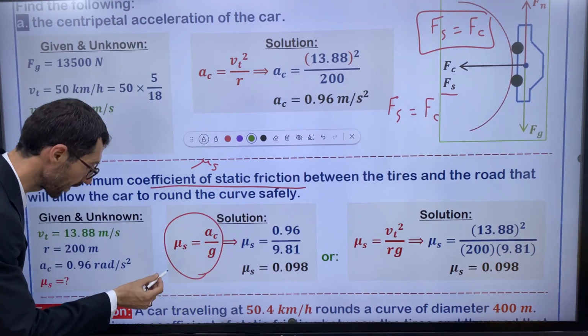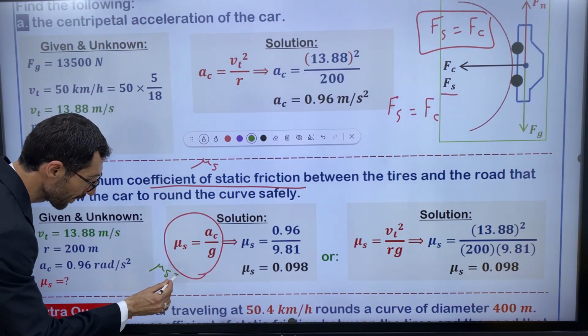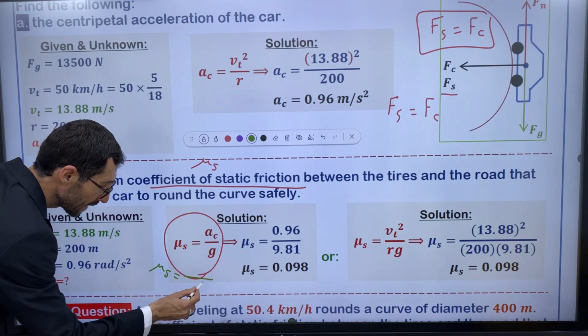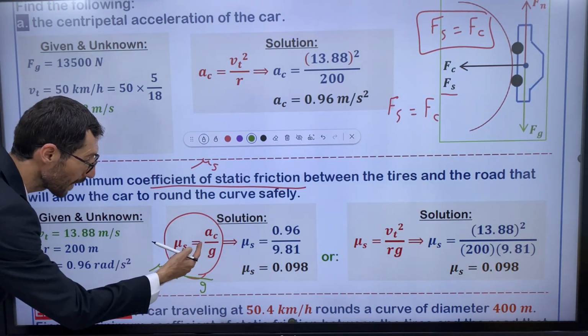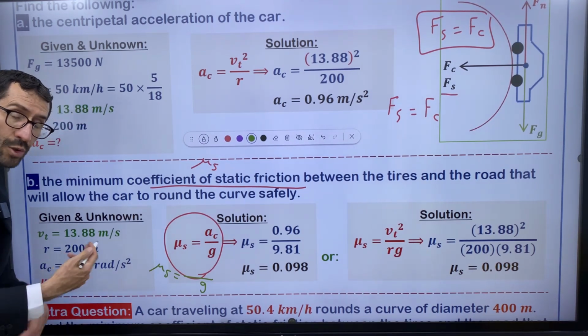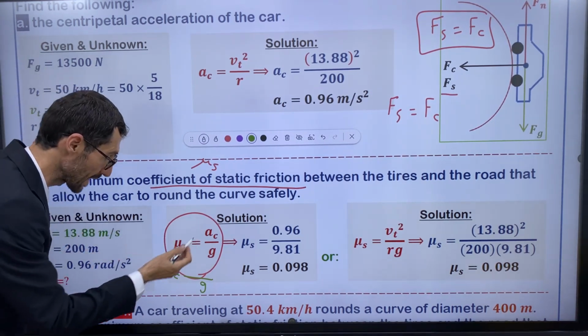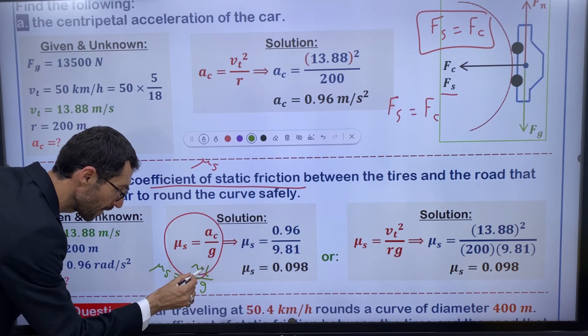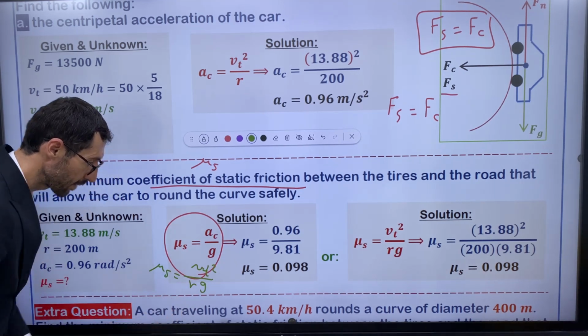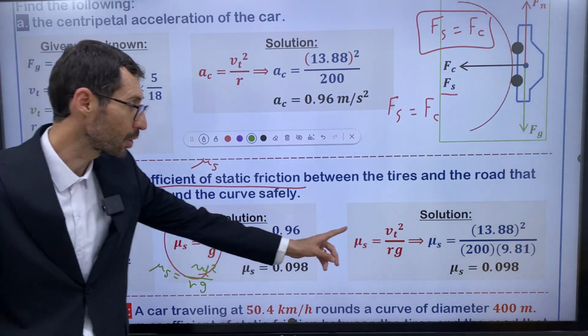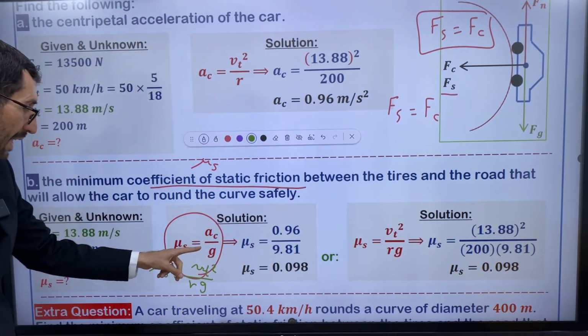Let me do it for you here. Mu s is equal to, so denominator is G. AC, I want you to tell me the rule of AC. AC is equal to Vt squared divided by R. You see? So the second rule comes from this rule.